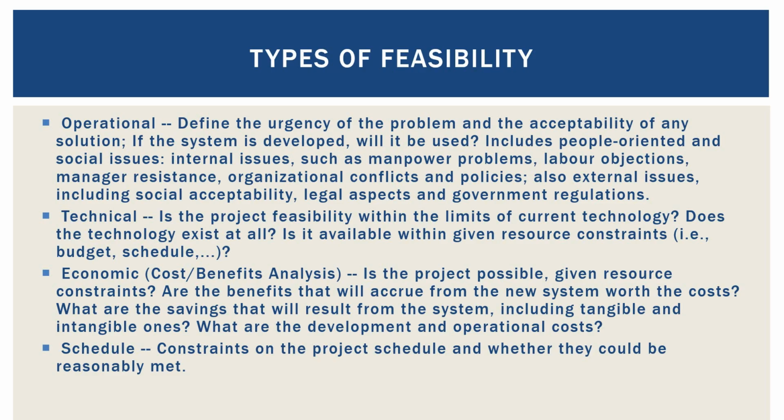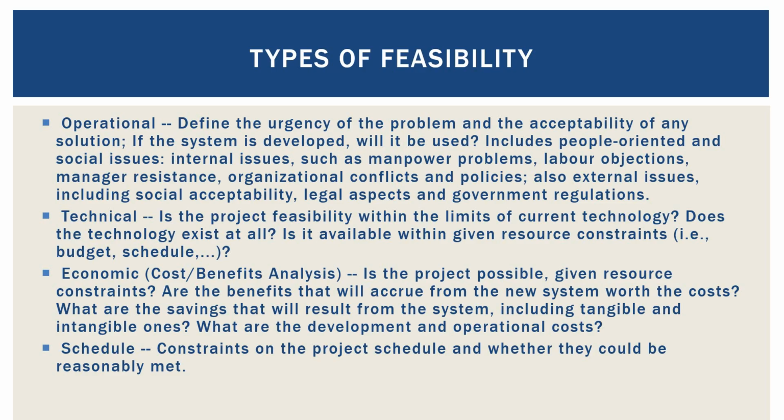We have what we call operational feasibility. It defines the agents of the problem and the acceptability of any solution. If the system is developed, we are trying to ask questions like, will it be used? Operational feasibility also includes people-oriented, manager and social issues.